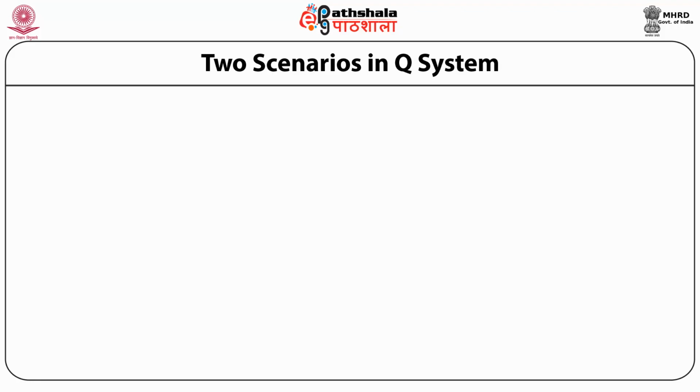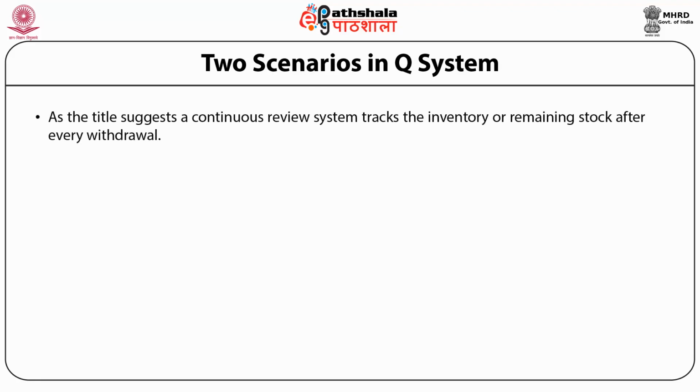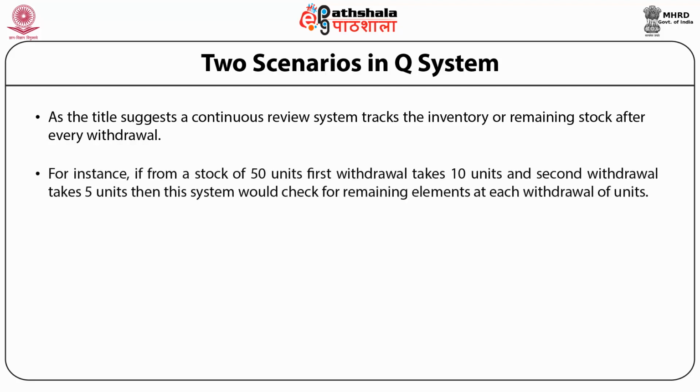Two scenarios in a queue system. As the title suggests, a continuous review system tracks the inventory or remaining stock after every withdrawal. For instance, if from a stock of 50 units, the first withdrawal takes 10 units and the second withdrawal takes 5 units, then this system would check for remaining units at each withdrawal.